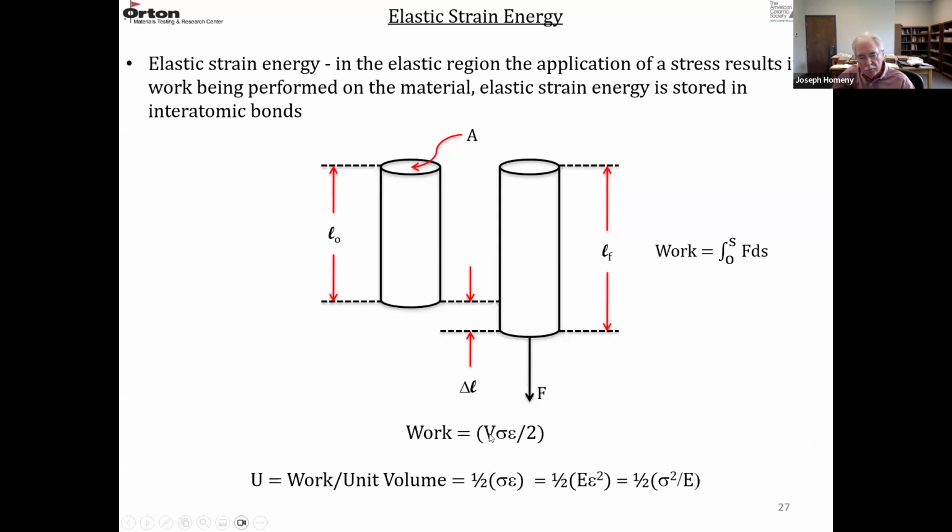If we divide by V, the unit volume, and call the work per unit volume U, it simply equals 1/2 times the stress times the strain. And you can rewrite this in a couple other forms: 1/2 E epsilon squared or 1/2 sigma squared over E.